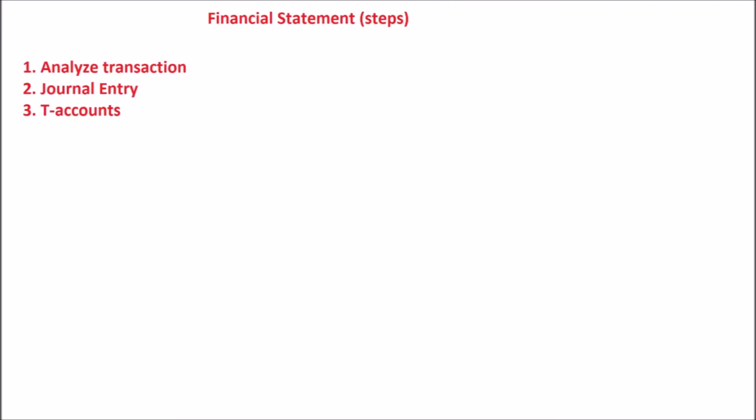Once we are done with the T account, usually what happens is a business might have different types of accounts. Like a business can have a cash account, they have accounts receivable, they have accounts payable, they have owner's equity, retained earnings, and all those different T accounts.